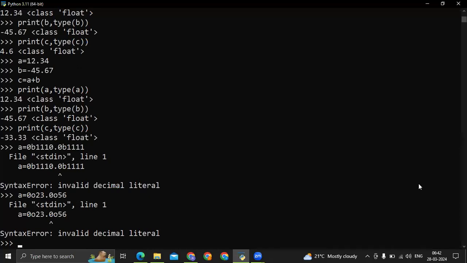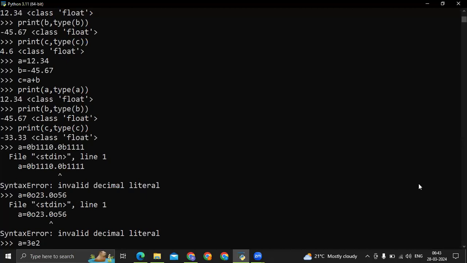Let me take A is equal to 3E2. What will happen? E is an exponential here. Please remember, E is an exponential here.